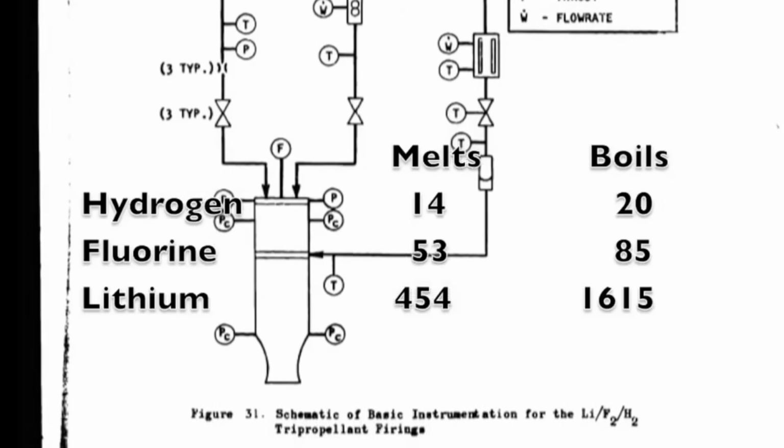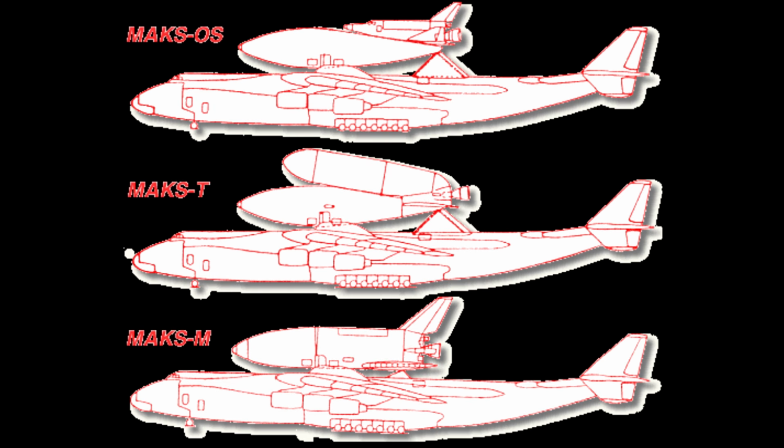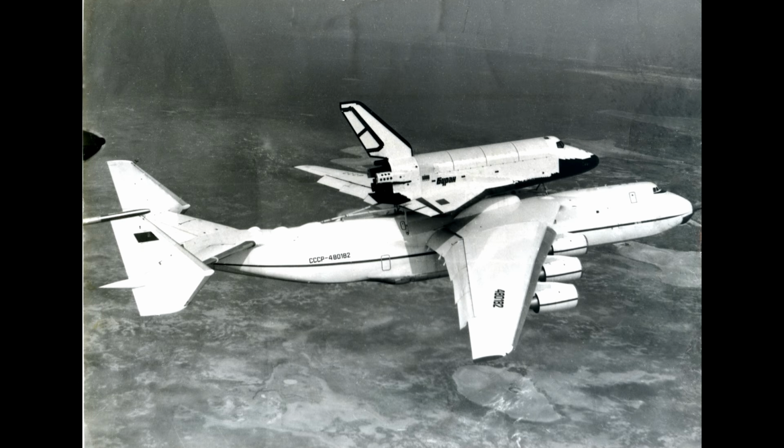No, they are not practical. There's another sort of tripropellant concept, which isn't quite the same thing. That's the RD-701 engine, which was used in the Soviet MAKS spaceplane. This would fly on the back of an AN-225, and it would take off and fly into space from there. Now, it had a tripropellant engine, but really it was a bipropellant engine with 2 different modes.